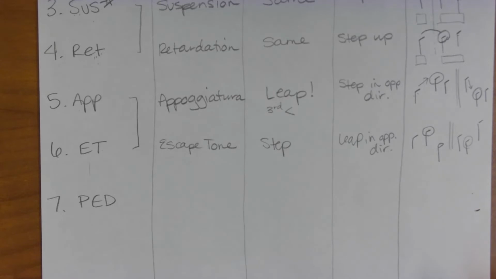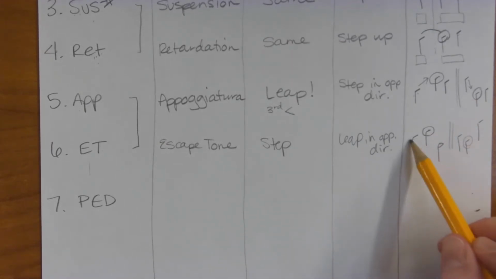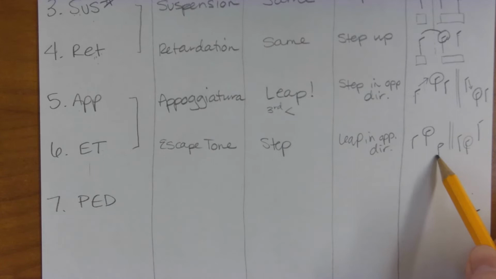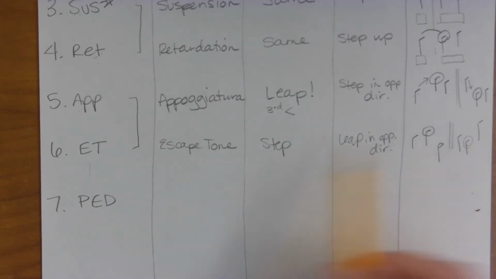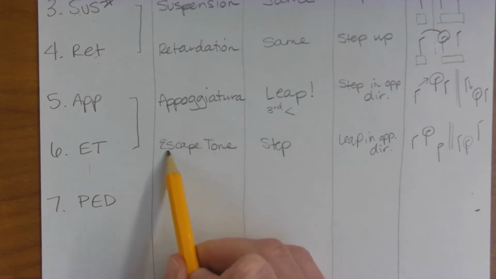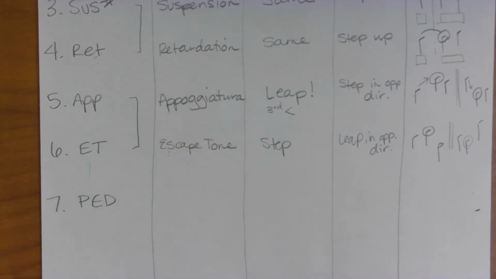So you have to step up onto the little ledge and then leap out. To escape the plane, you step up and leap down. If you can remember that, that's how escape tone works. You are escaping the plane. And you remember that appoggiatura is linked, but just backwards. If escape tone is step, then leap, then an appoggiatura must be leap, then step. So hopefully that's a handy way for you to remember that one.